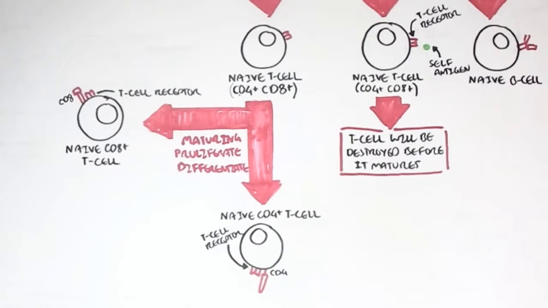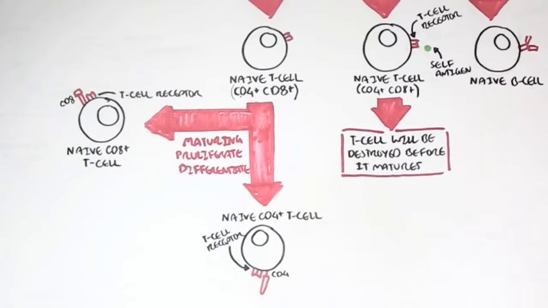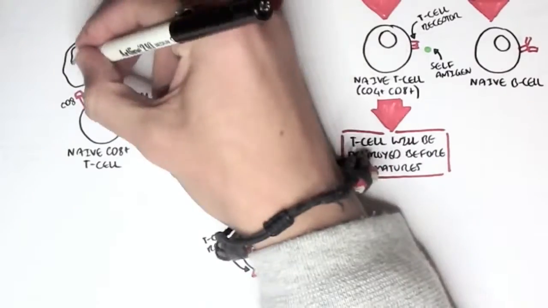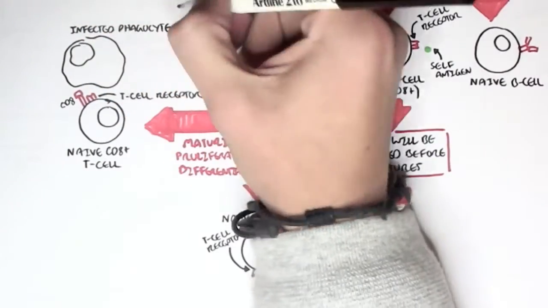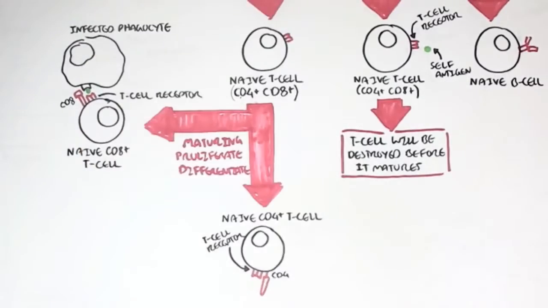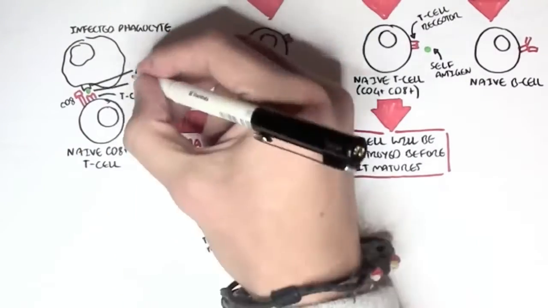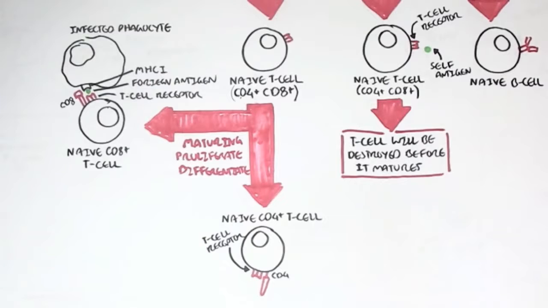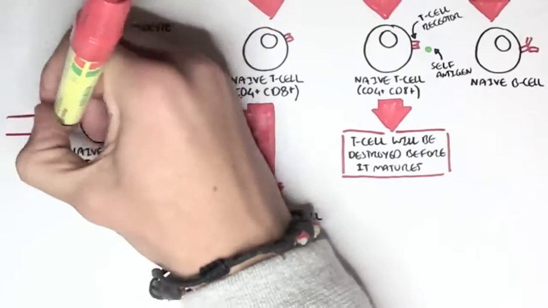So let us follow first what happens with the naive CD8 T cell. Well, the naive CD8 T cell will become activated when an infected antigen presenting cell, such as a phagocyte, presents an antigen on an MHC class 1. So the phagocyte will present a foreign antigen to the naive CD8 T cell via the MHC class 1, which stands for Major Histocompatibility Complex class 1.